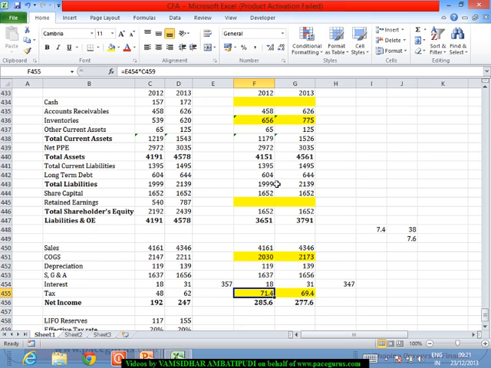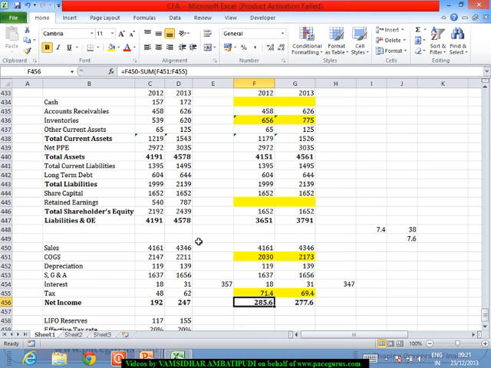Here, to match now, the net income now has become 285.6 to accommodate even the changing tax and changing the cost of goods sold.